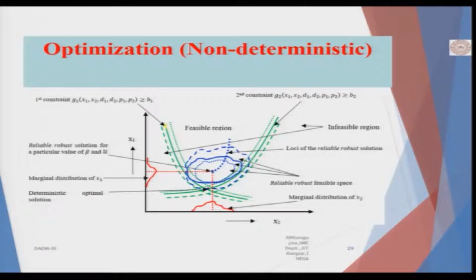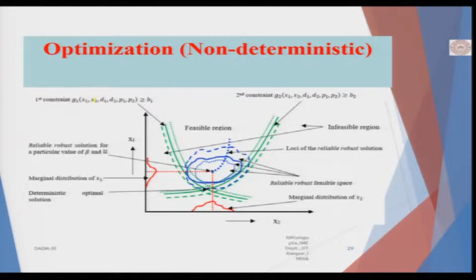Consider the yellow colored pen which is hovering, this green bold line is the two constraints, and in the initial example they were straight lines because they were linear, but they are not linear now, that does not matter. So, this is the first constraint which is given by G1.